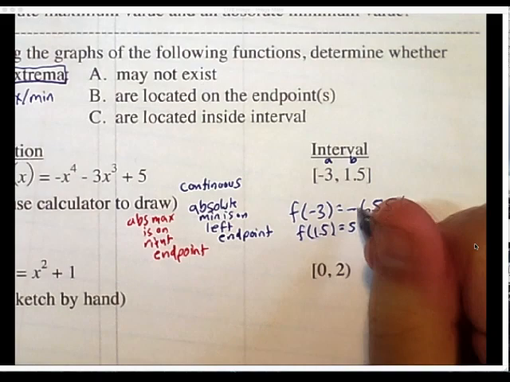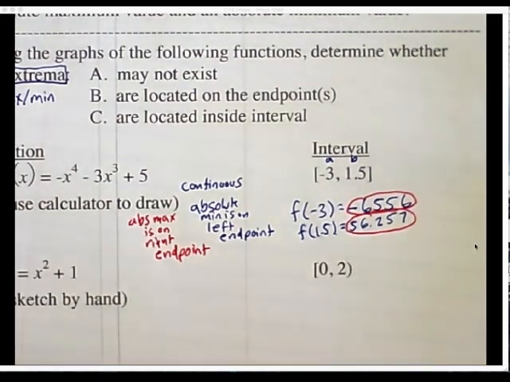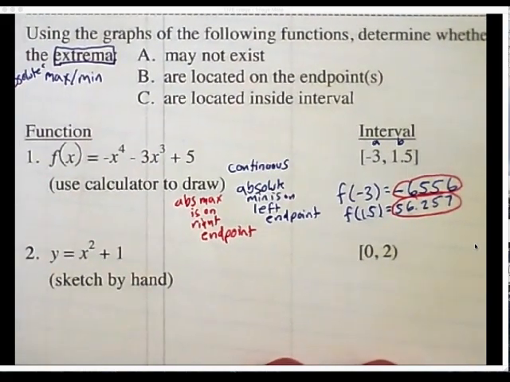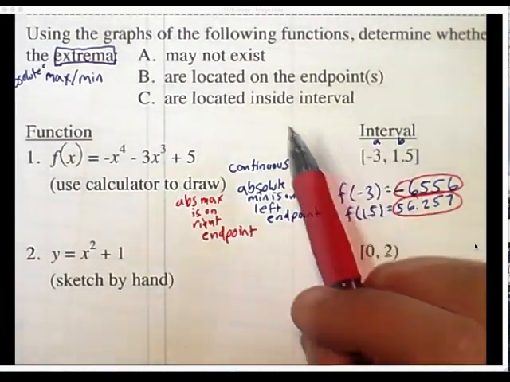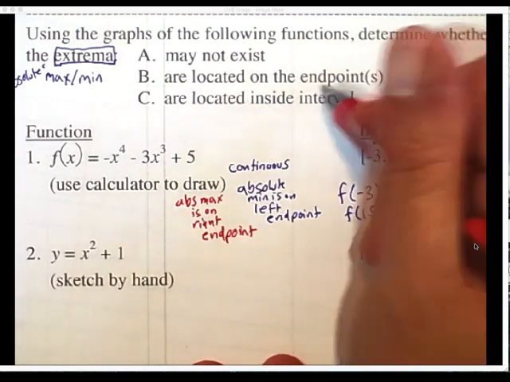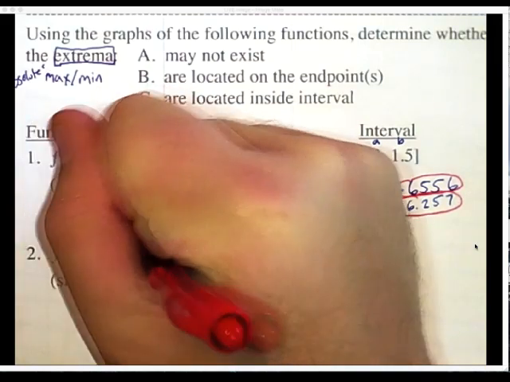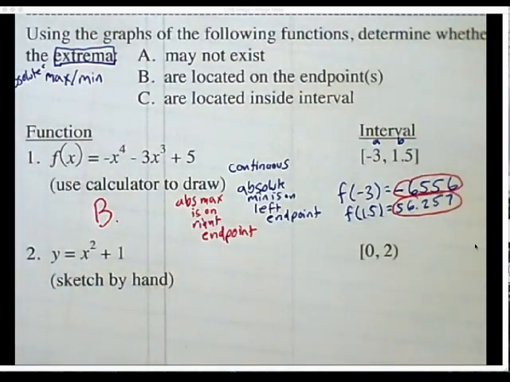This is the value of the absolute min. This is the value of the absolute max. So in this particular case, it is located on the endpoint. This one, B: the absolute extrema are located on the endpoint.